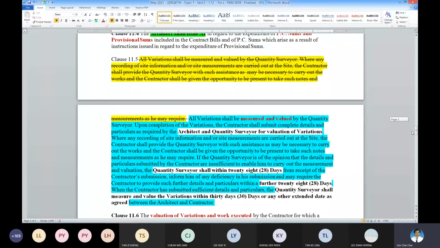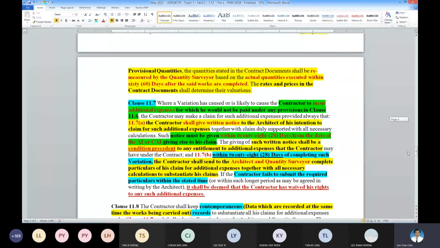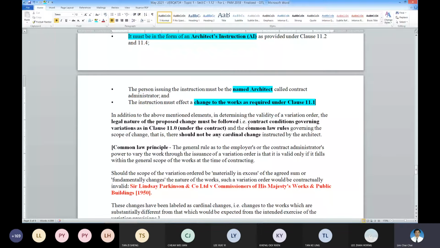So in addition to the above, this is something that will help you understand the principle of a valid VO. The validity of the VO must follow the contract requirement or the concept of the contract.